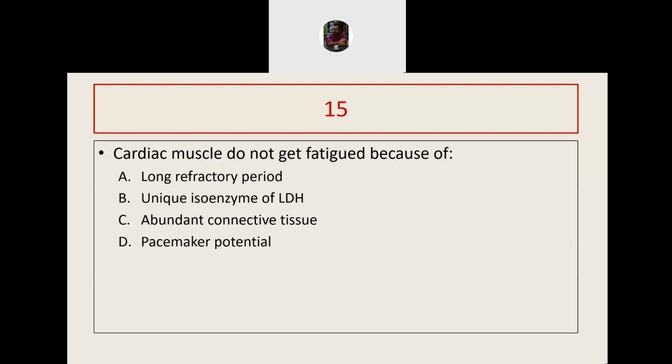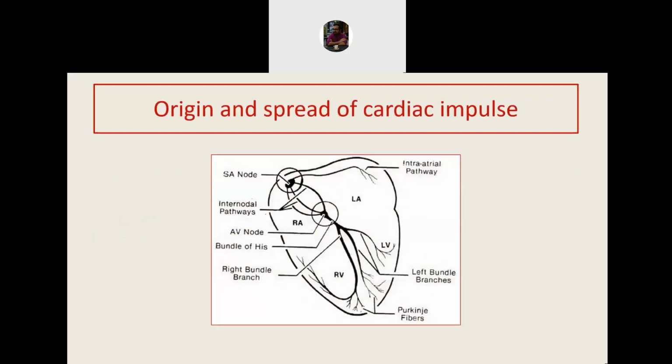Okay. So we'll now enter the discussion on these questions and come back to these questions to see what we have answered. We know that the heart has a specialized tissue called the junctional tissue, and this is responsible for the electrical impulse generation and conduction. Autorhythmicity is a unique property of these tissues that they can generate their own impulse.